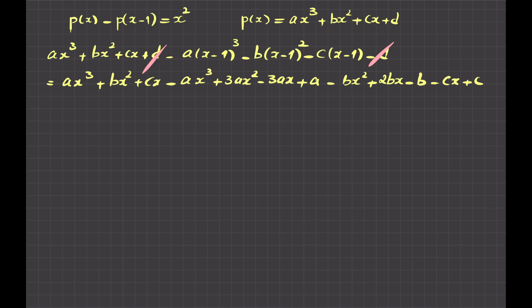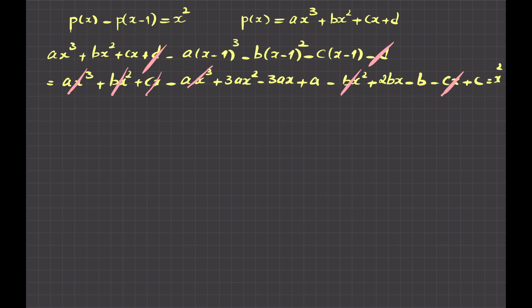And now what happens? This ax cubed and that one are gone. This positive cx and that cx are also gone, and this minus bx squared and that one are also gone. So you see what is left for me. Of course, on the right hand side I will have x squared, so this is supposed to be equal to x squared for all choices of x.